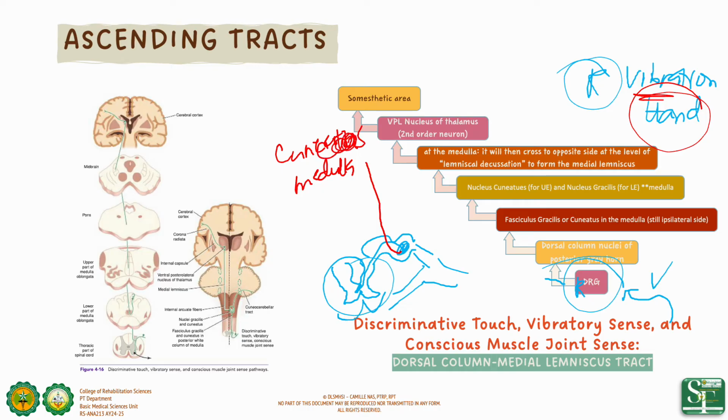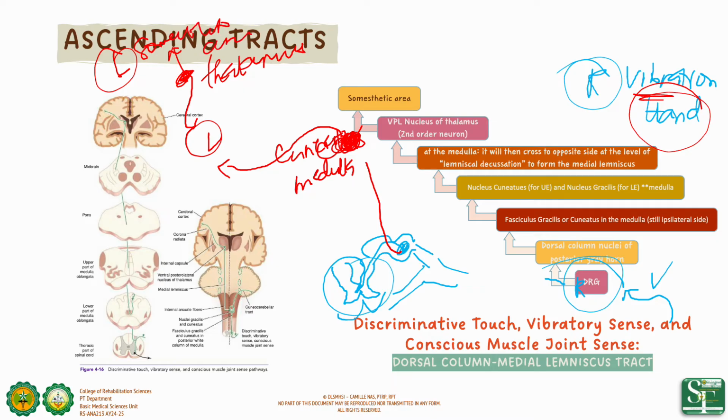So, synapse. And then, ano bang lagi nangyayari pag nag-synapse sa second order neuron? Nagko-crossover, nagde-decussate. So, pag synapse niya sa medulla, magko-crossover siya to the left side. Okay? Pagdating sa left side, nag-crossover na siya sa medulla, synapse na with the third order neuron, which is the VPL nucleus of the thalamus, papunta ng brain. Left somesthetic area.